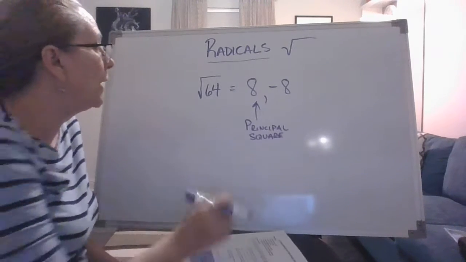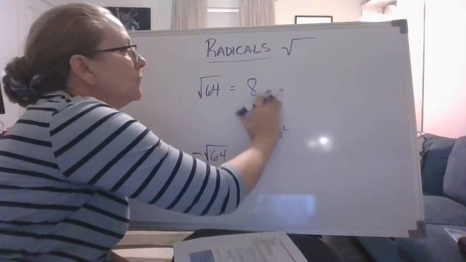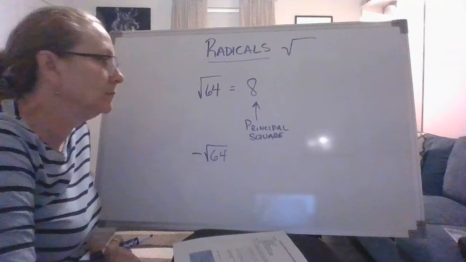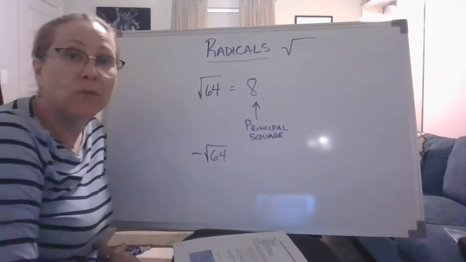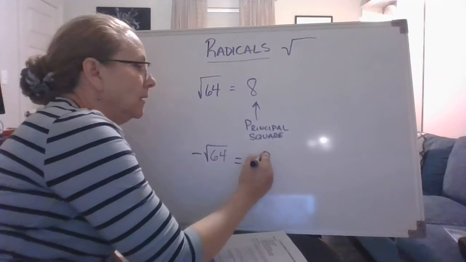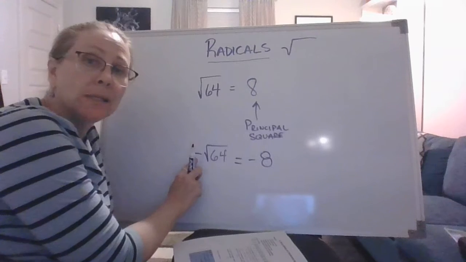Now, what if we were asked for this? So we're just asked for the square root of 64, principal square root 8. If we're asked for the negative of the square root of 64, then that principal square root is going to be negative 8. The negative does not go away.